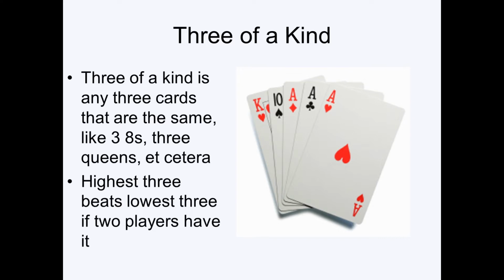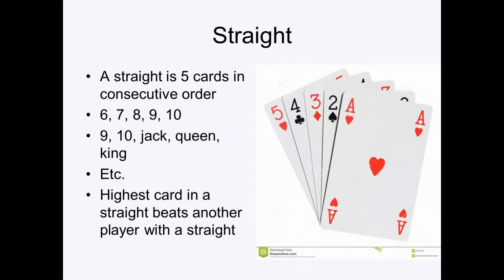Well, guess. What do you think a straight is? I think it's like four of a kind, with four same cards and a single. What? No, I guess. A straight is five cards in consecutive order.